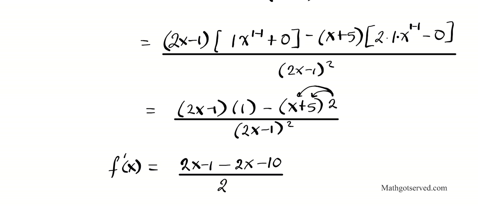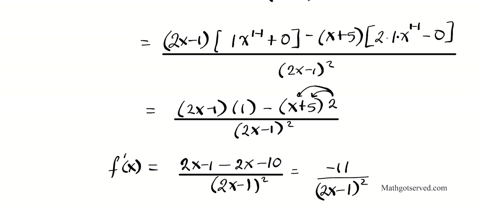The numerator simplifies further. These two x's cancel out. So we're going to have negative 11 divided by 2x minus 1 quantity squared.